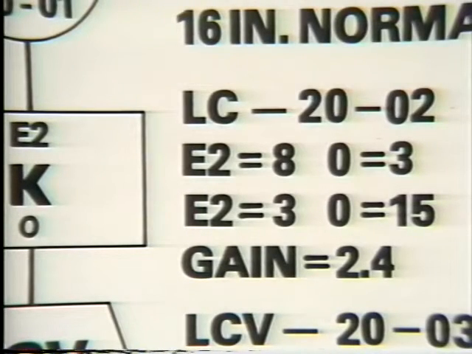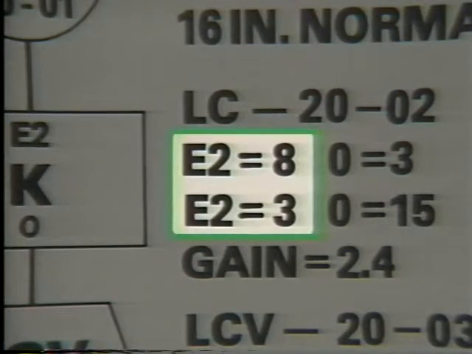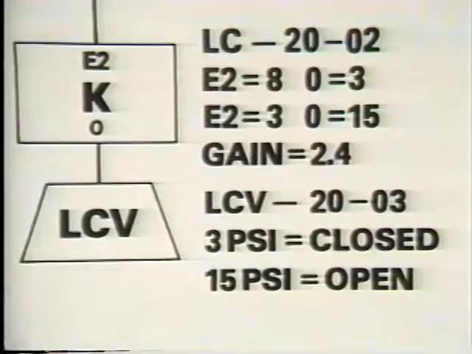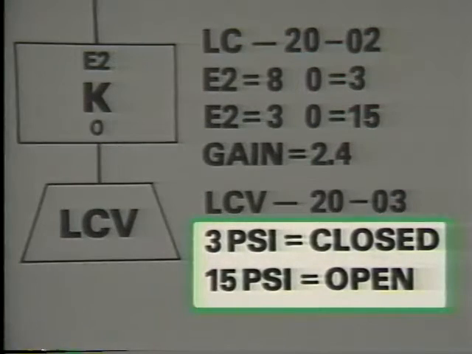From the information in this diagram, we can also determine that when the input decreases from 8 psi to 3 psi, indicating a decreasing level, the controller output increases from 3 psi to 15 psi. An increasing controller output signal causes the valve to open.